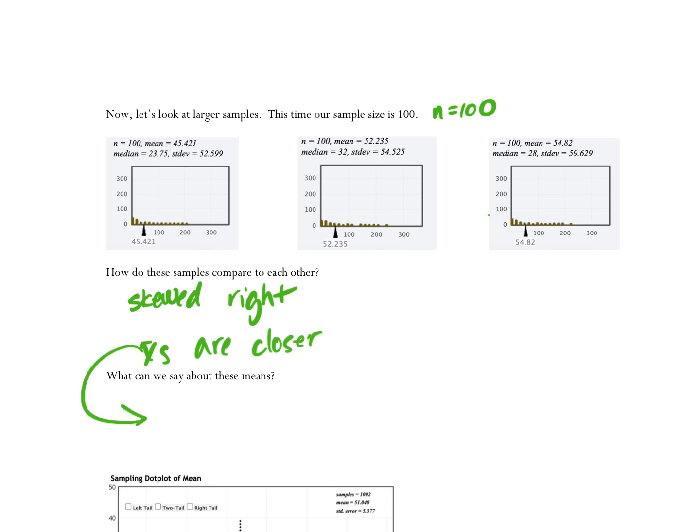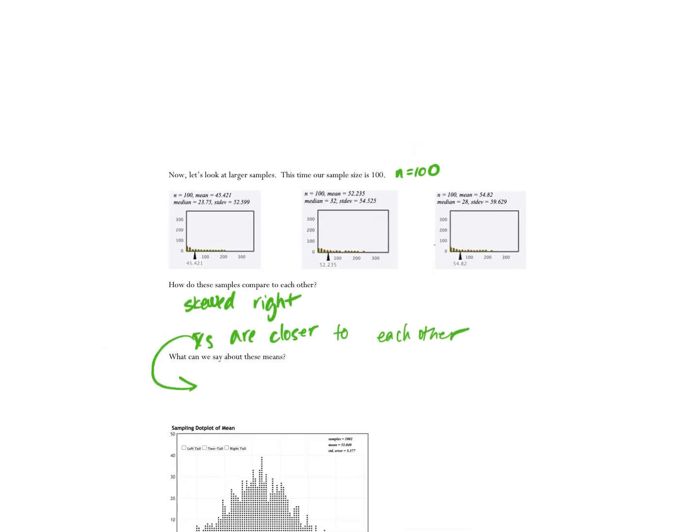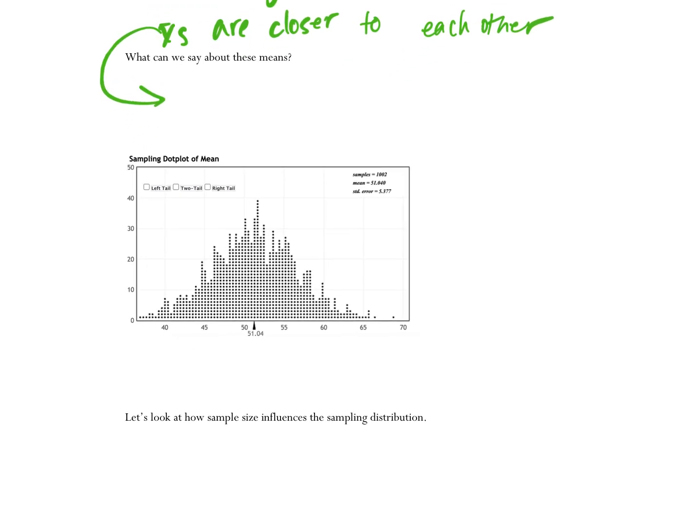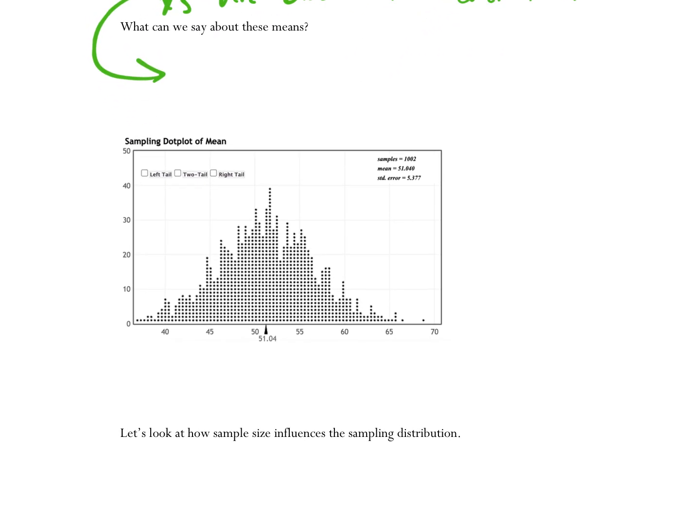Oh, that goes down here. And now, when we look at that dot plot of all those sample means, what do you notice about this one? So, the population was skewed right.